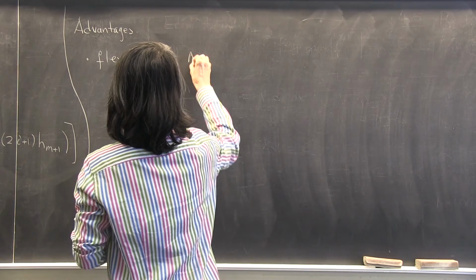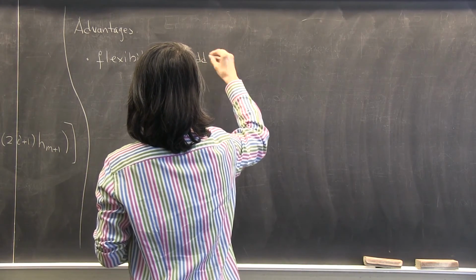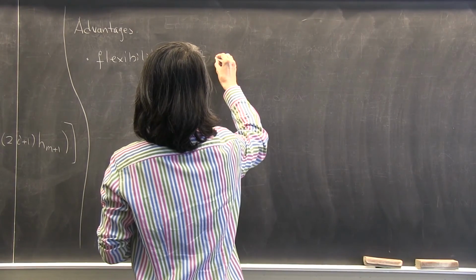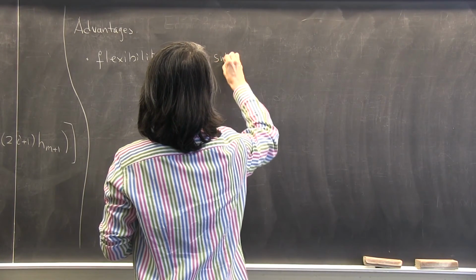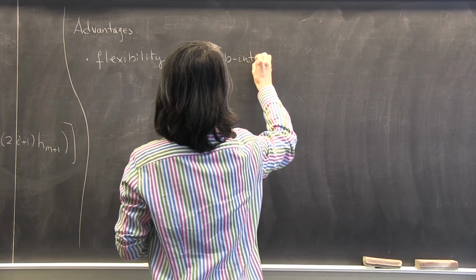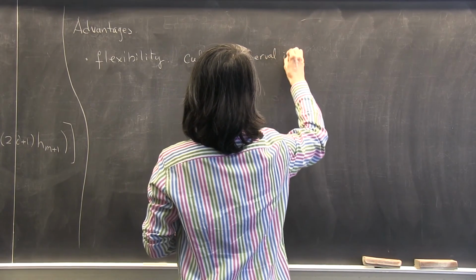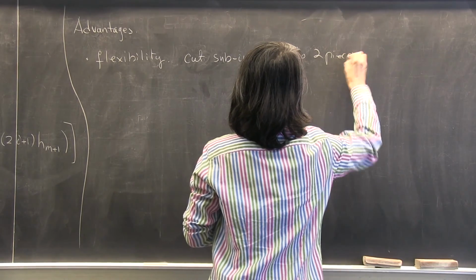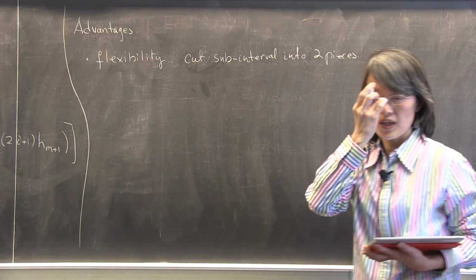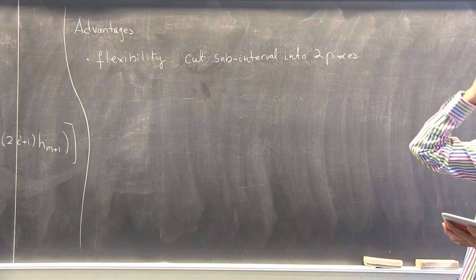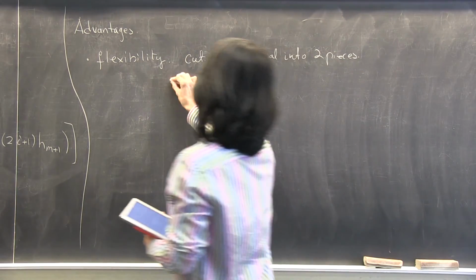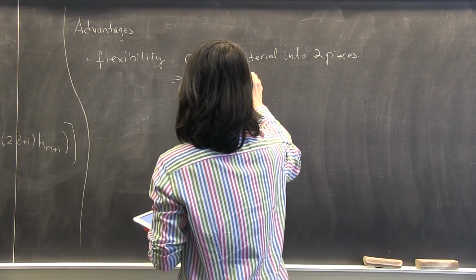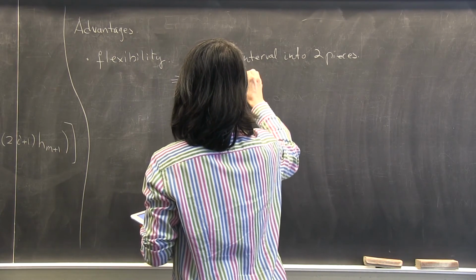So you could cut subinterval into 2 pieces, and you can do this composite scheme, and you can improve the accuracy.